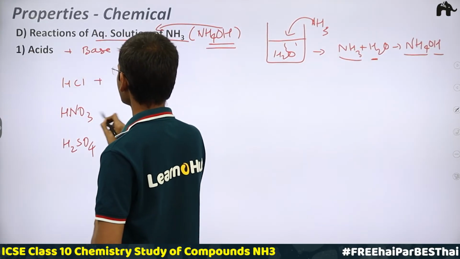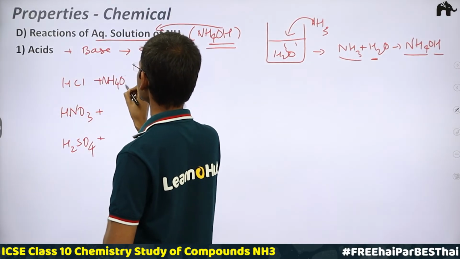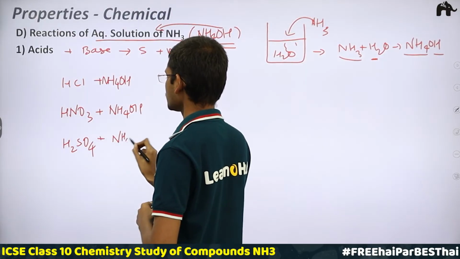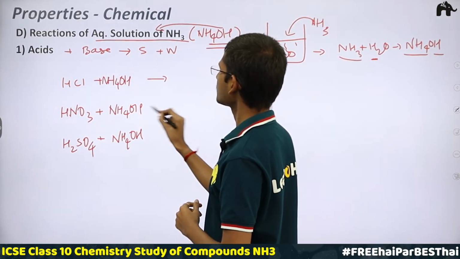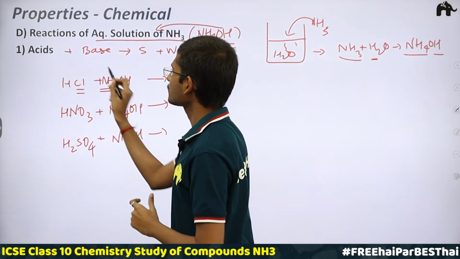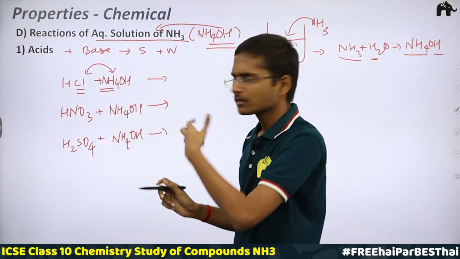Here it would simply form simple salts and water. Which salts are formed? Let's see the acids first. HCl, so Cl and NH4, so NH4Cl would be formed, and H2O, from H and OH.